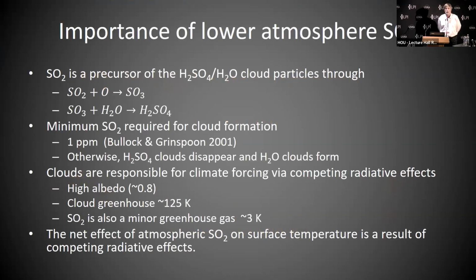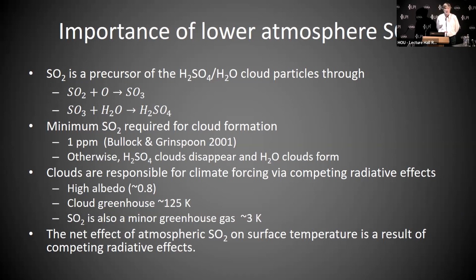So SO2 is a precursor, of course, of the clouds. Those two reactions, the oxidation of SO2 and then the formation of sulfuric acid, are what photochemically produce liquid sulfuric acid water droplets.